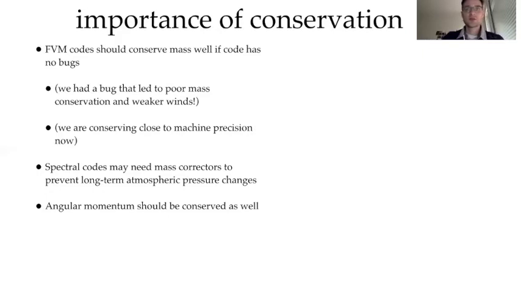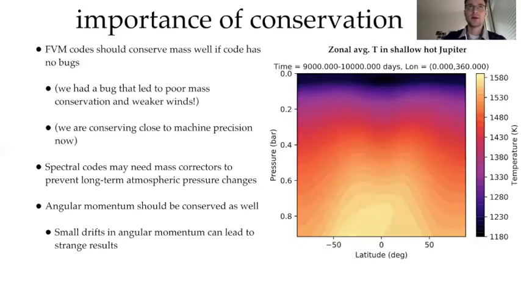Angular momentum is also something to consider as a conserved property. And I've seen in some simulations where poor angular momentum conservation, even small drifts, can lead to some very strange results. Now in this plot here, I'm showing a zonally averaged temperature in the shallow hot Jupiter benchmark case. This is just a hot Jupiter with a very shallow atmosphere, a kind of test simulation.